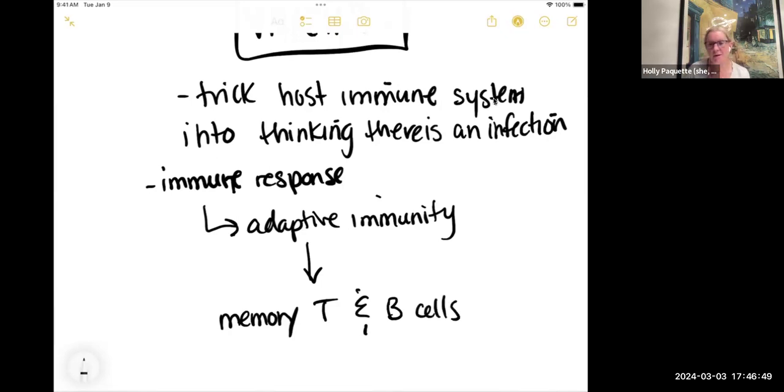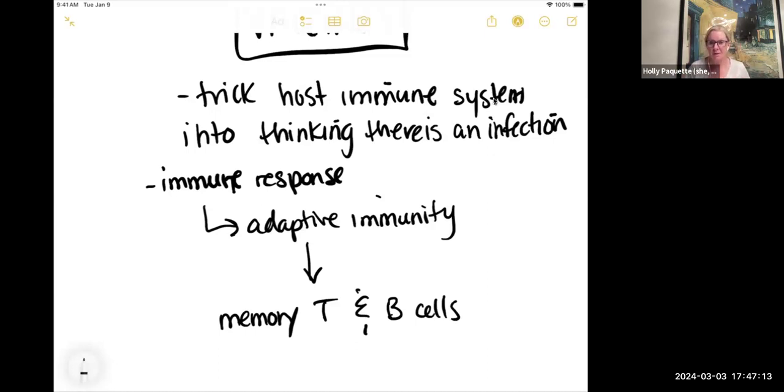So basically what you're doing is you're tricking your body into thinking it has an infection. It then freaks out, tries to attack it, and it stores these memory T and B cells. That means that when you actually are exposed to the disease, maybe 6 months or a year later, your memory T and B cells can start working immediately. And often you won't even know you've been exposed because you won't have any of the illness.